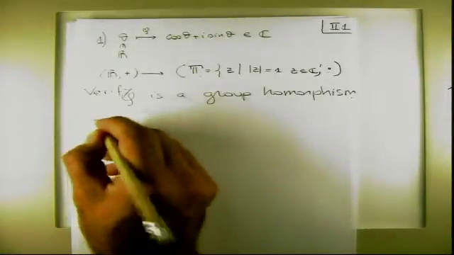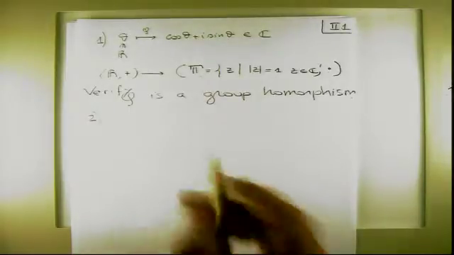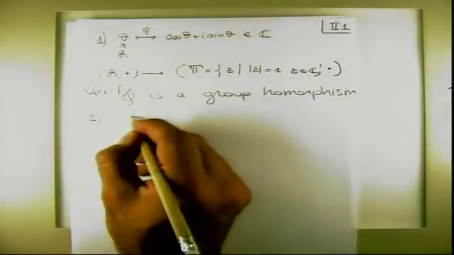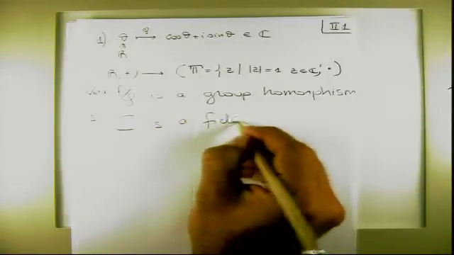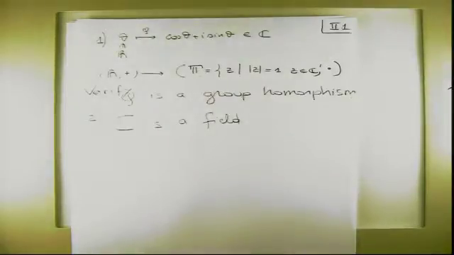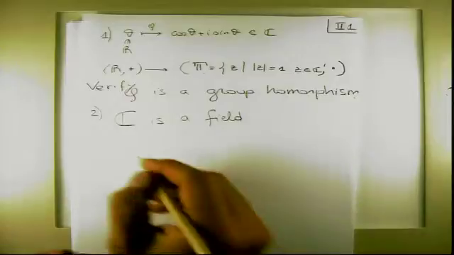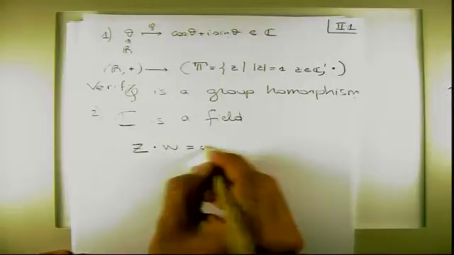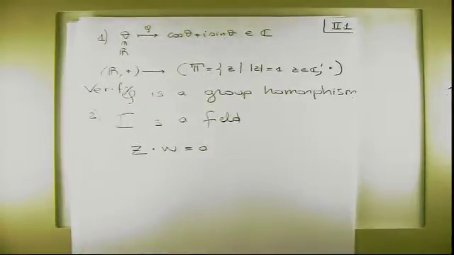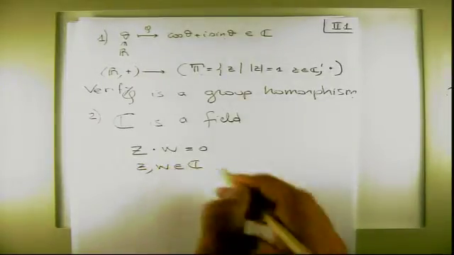Another exercise I want to leave you is the following. We know that C is a field, for abstract reasons. But I want you to prove this. Take z and w, a pair of complex numbers, and assume that their product zw is 0.